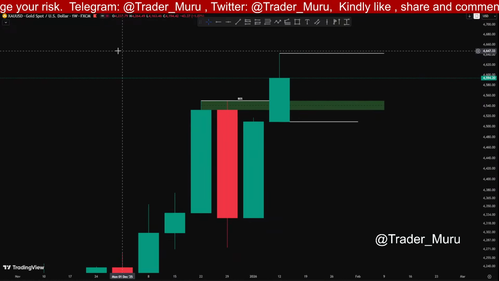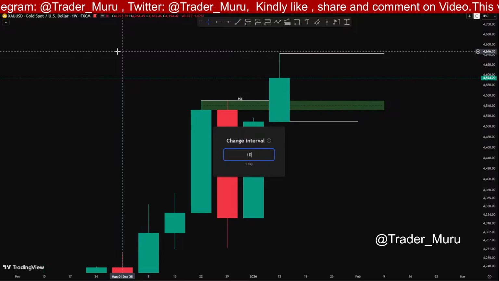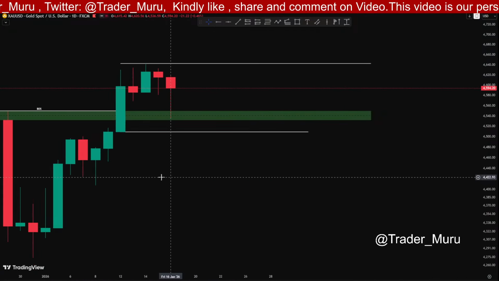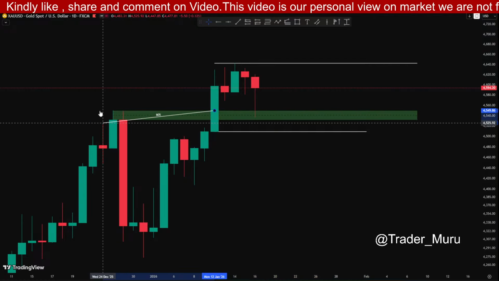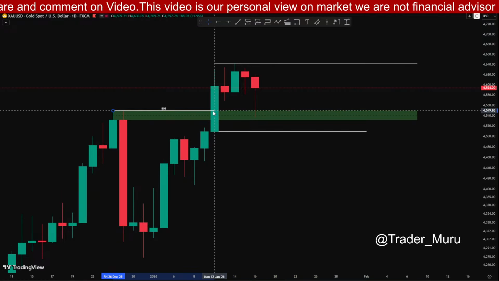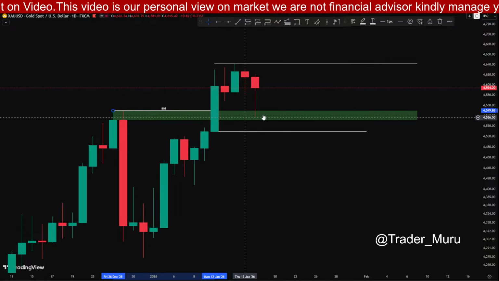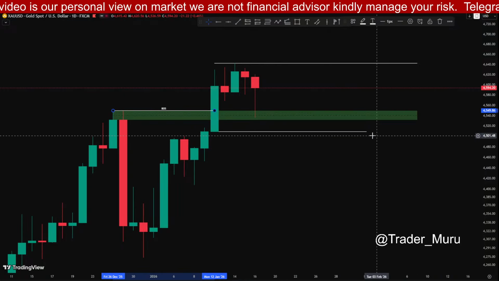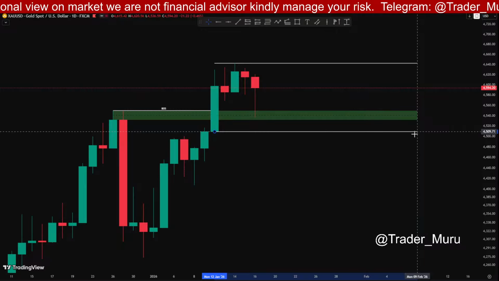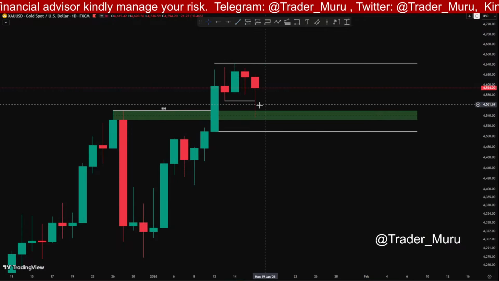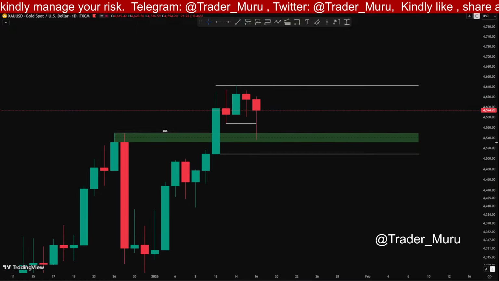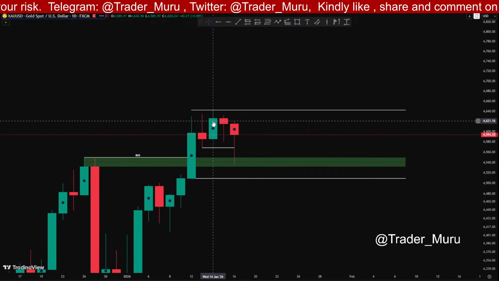And now let's see the daily time frame. According to the daily time frame, price has already tested a structural level which we were not expecting to test this week, but it has, so we can't do anything about it. We can just play this model. We already have a liquidity hunt and price just closed above.